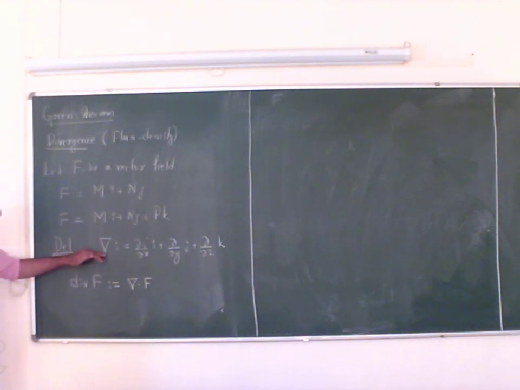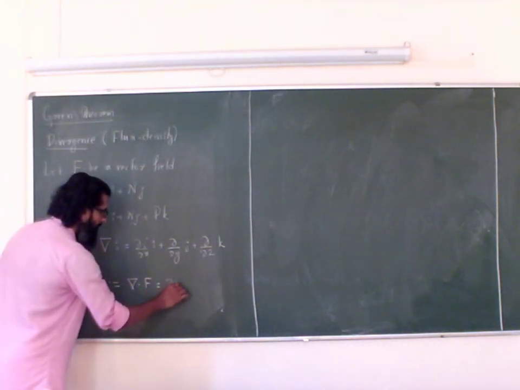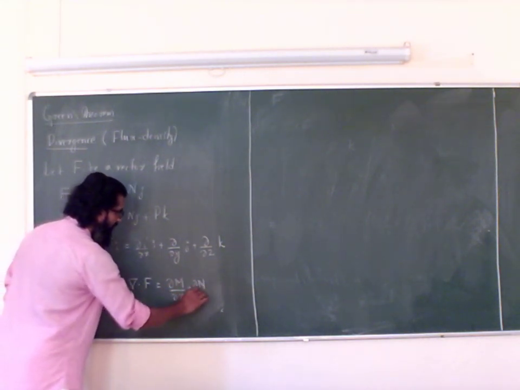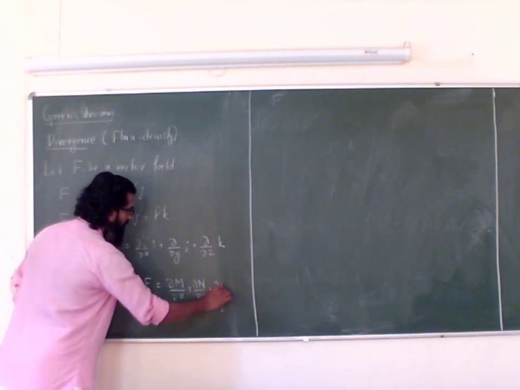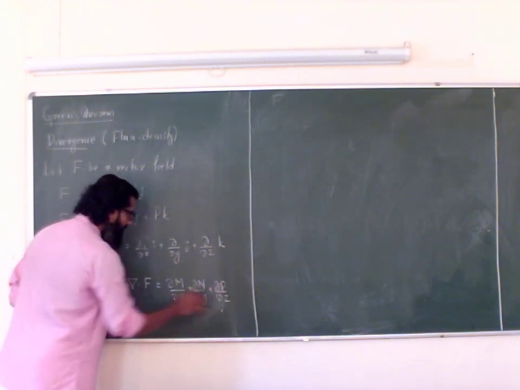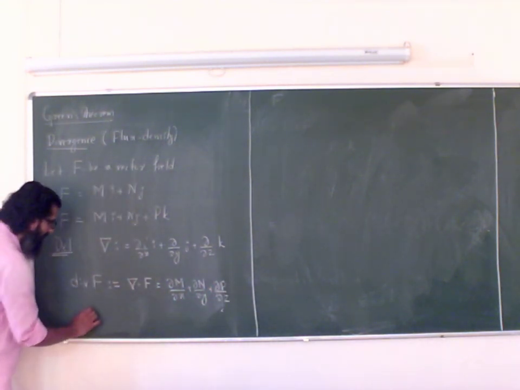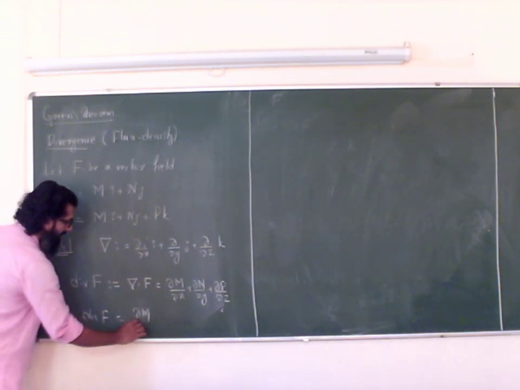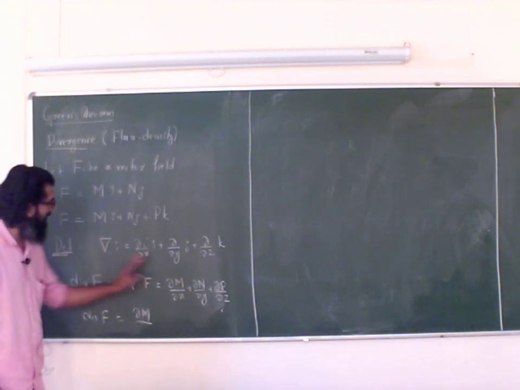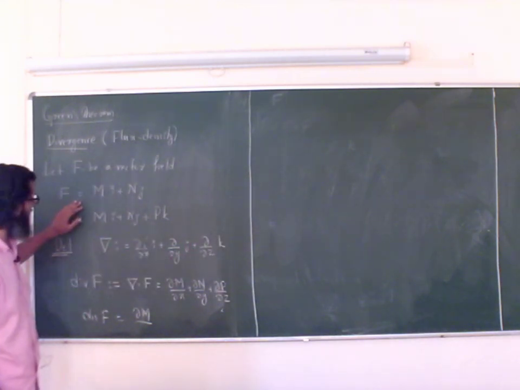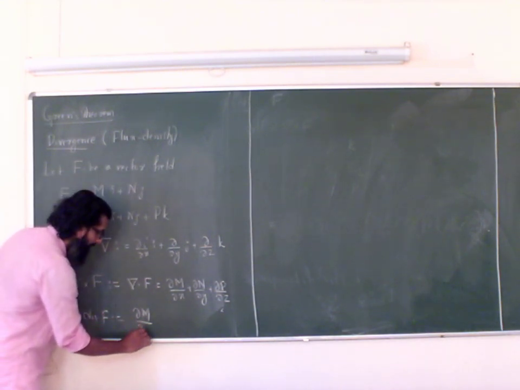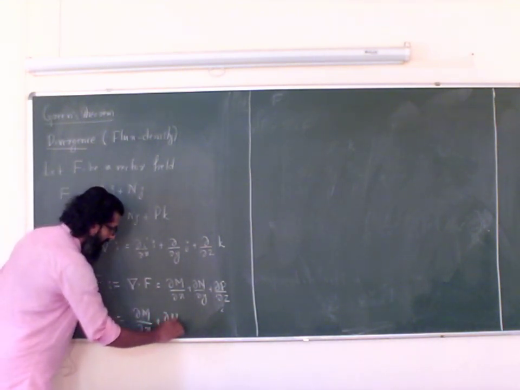This is my del operator, this is my F, then del dot F is nothing but ∂M/∂x plus ∂N/∂y plus ∂P/∂z. In my 2-dimensional case, divergence of F is equal to, at that time my del operator is this much only, and this is my F. At that time divergence of F is equal to ∂M/∂x plus ∂N/∂y.